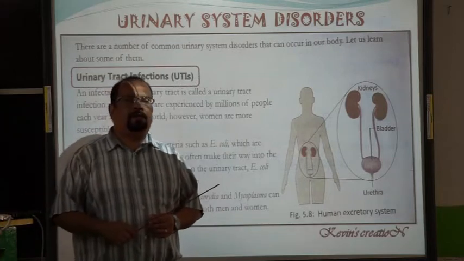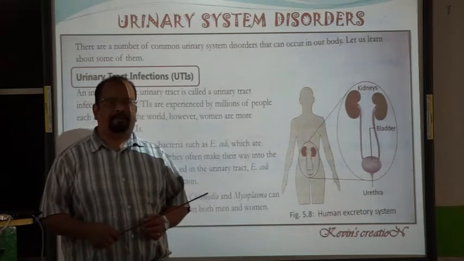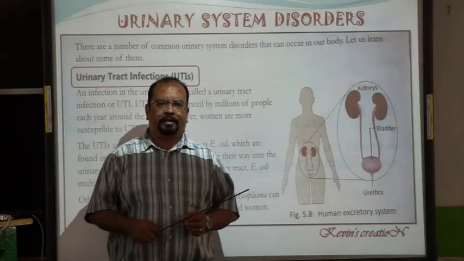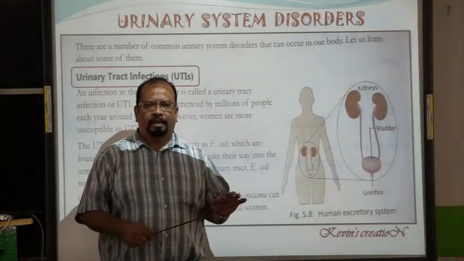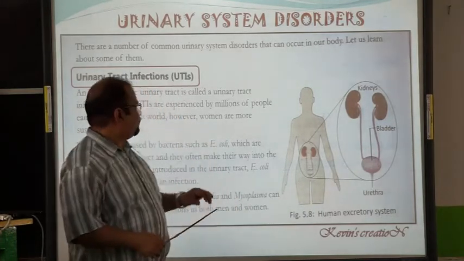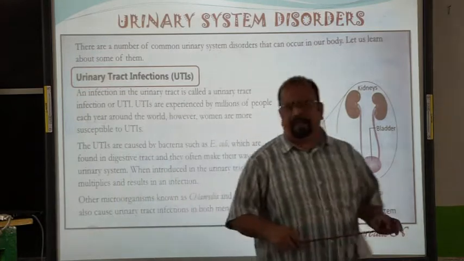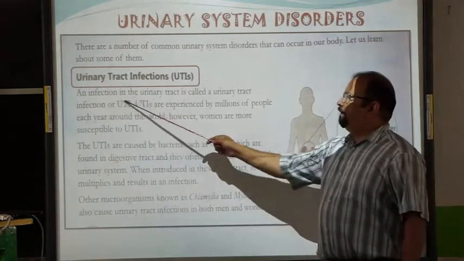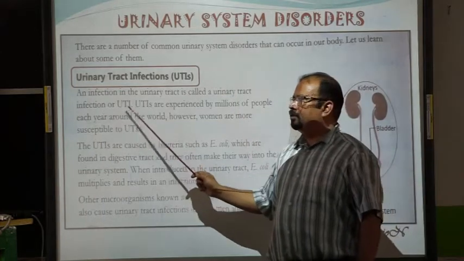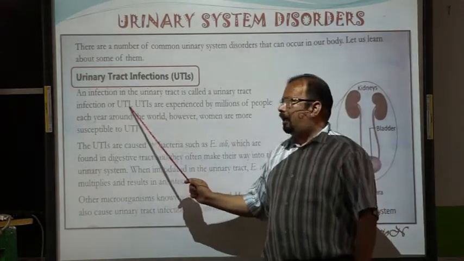You must have heard in your families, people say that they are suffering from UTI, that means urinary tract infection, infection in the urinary tract. It's a very common problem. An infection in the urinary tract is called urinary tract infection. In short, we call it UTI.